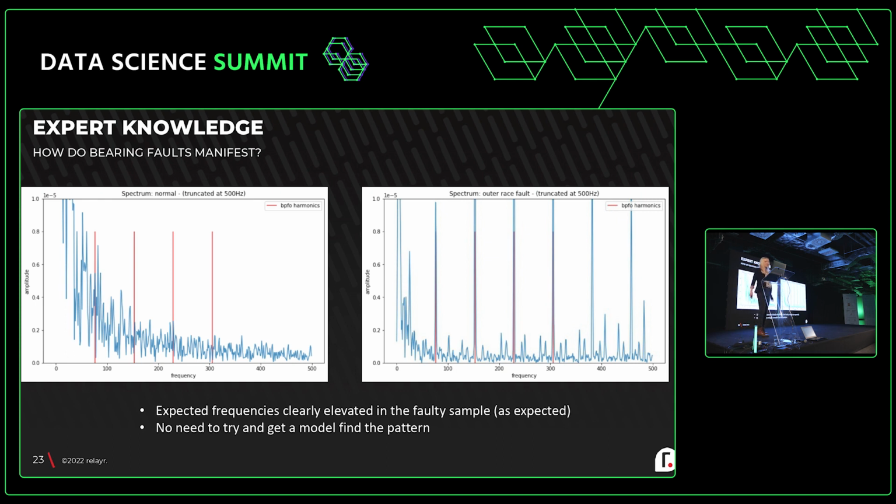And imagine you trying to teach a model to recognize those. Why should you? You can tell the machine where to look with just a simple rule. Then it becomes very easy. You need to know what variables to actually use.